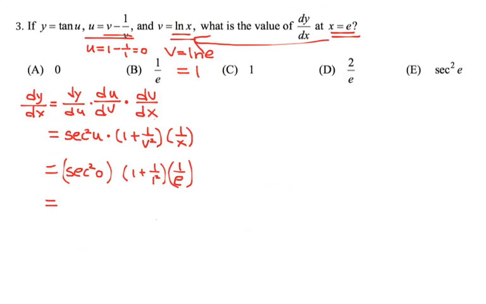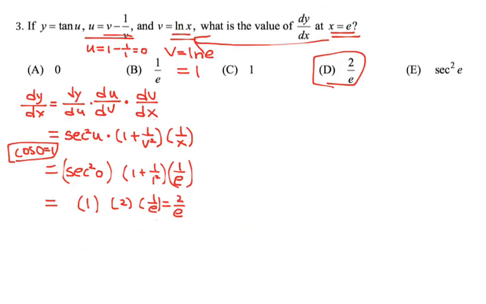But we know that cosine of 0 is equal to 1. So the reciprocal of that will still be equal to 1, and when you square that, it's still equal to 1. So the first portion becomes 1, the second portion becomes 2, and the third factor is simply 1 over e. Hence, we end up getting 2 over e as our final answer, which is choice D. All right, let's move on.